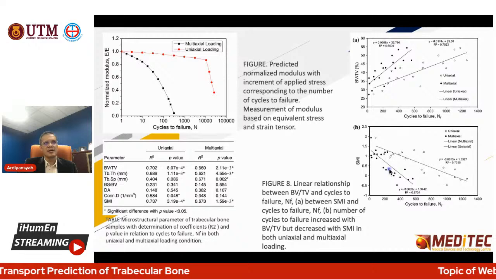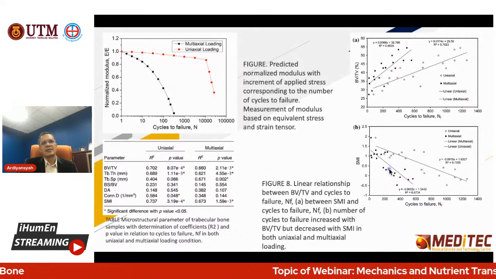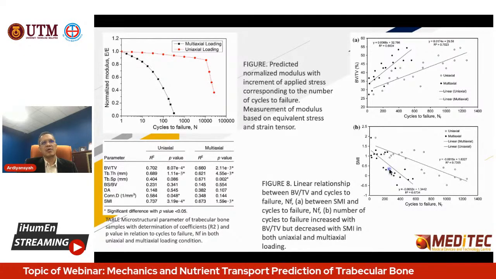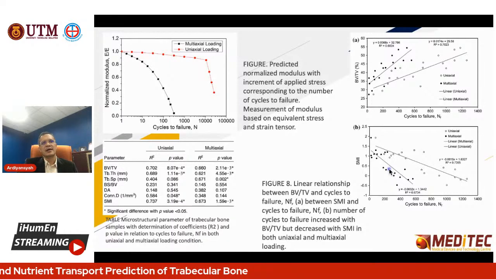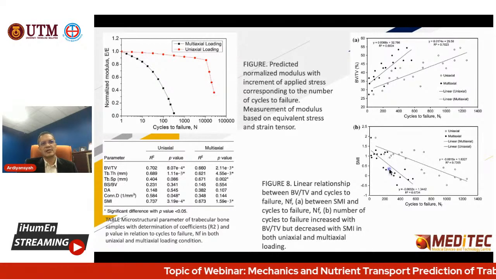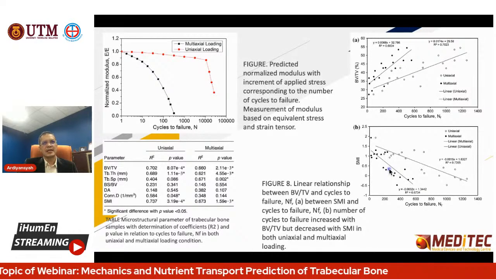Here we can know that uniaxial has more correlation with the volume fraction. Okay, the same for SMI. Uniaxial has a higher correlation compared with multi-axial.